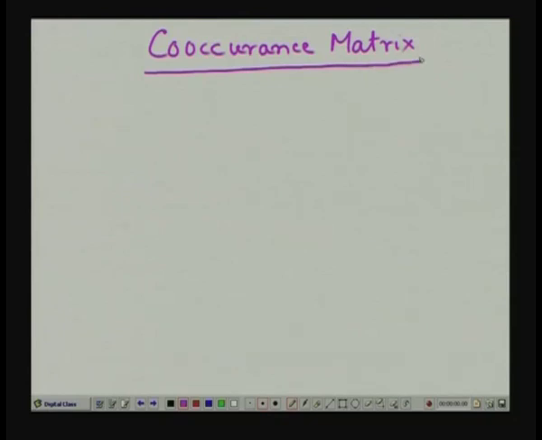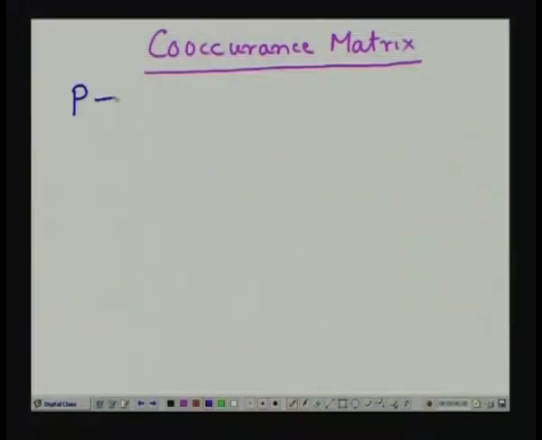So, as we said, what we are interested in is, along with the intensity values, the relative positions of the points with various intensity values within a texture. So, we have to define an operator. We define an operator, say P, which we call the position operator.